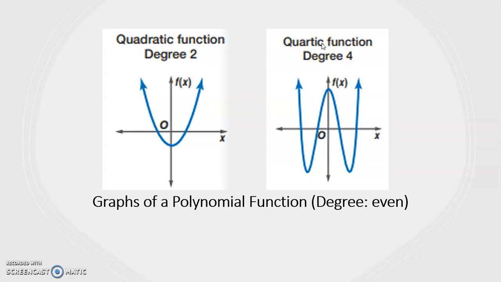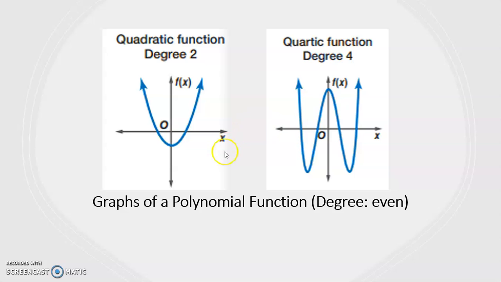Now, what can we notice about the graph of a polynomial function that has an even degree? We can see that the right side and the left side go in the same direction. So for the example of the quadratic function here, we can notice that both sides, the right side and the left side of its graph, are both increasing, as well as for our quartic function.